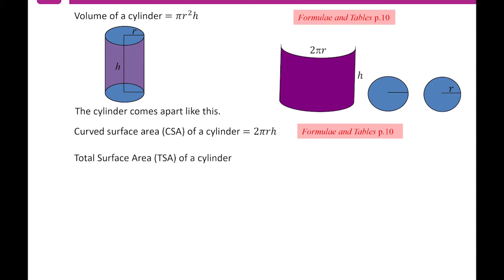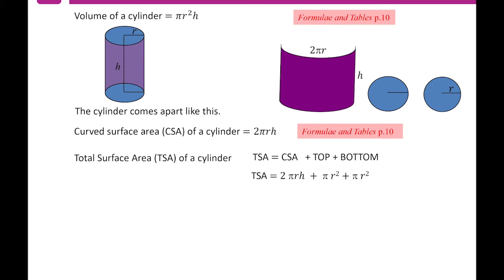To find the total surface area, you find the area of each of the shapes that the cylinder is made up of. Our total surface area of our cylinder is equal to the curved surface area plus the area of the top plus the area of the bottom.